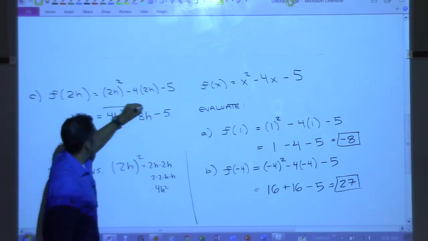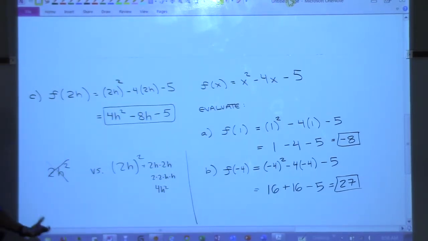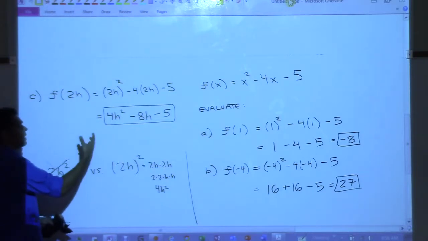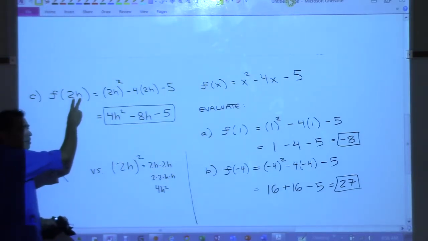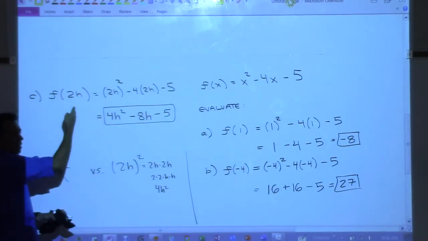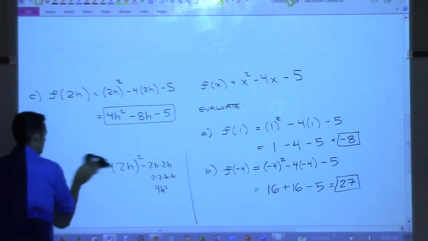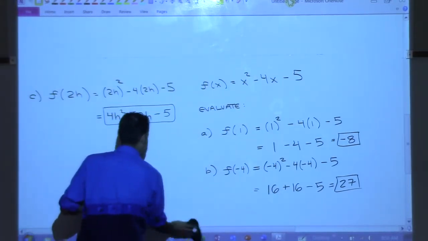And notice that this answer is not a number. This answer is a variable expression. So this function, if you plug in a variable expression, your answer is going to be a variable expression, because you don't know what this number is, right? Okay, we good? Sure? All right, let's do another one. This will be the last one.